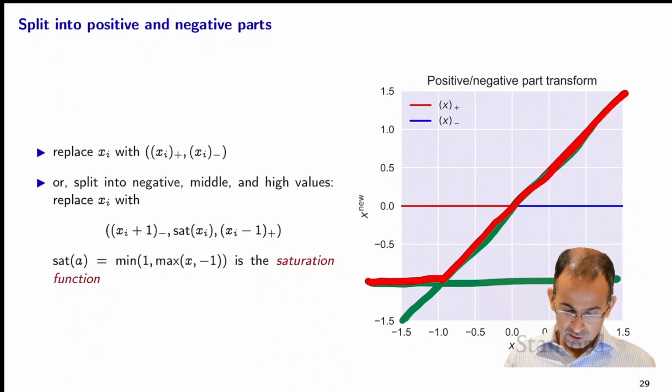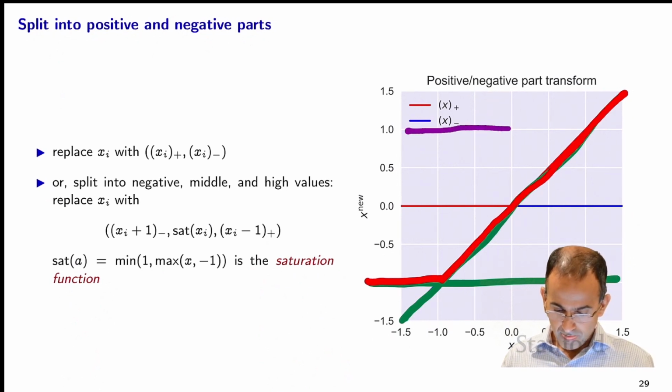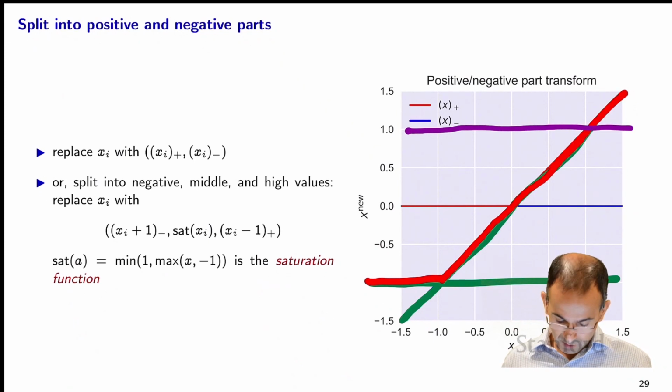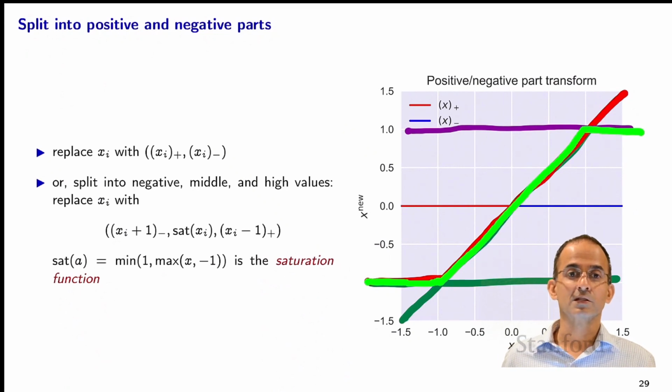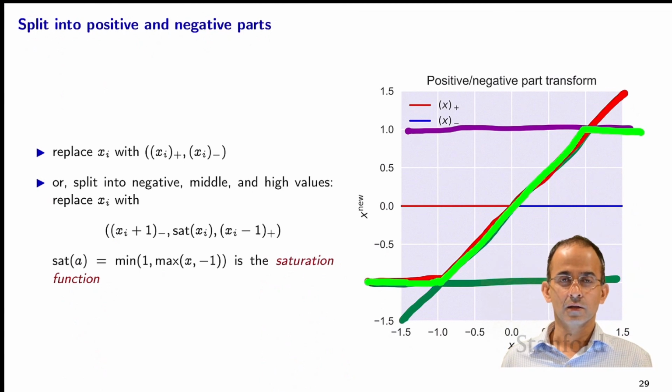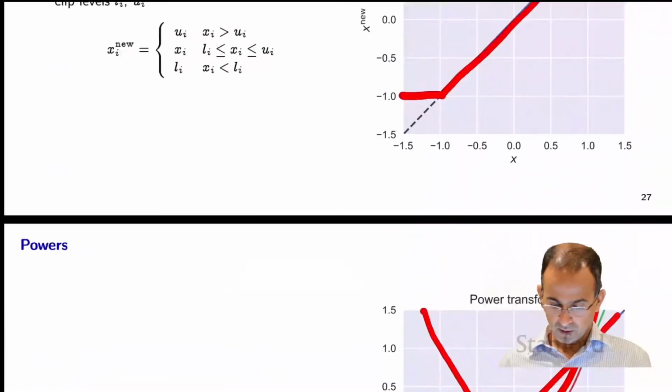And the 1 function is right here. And so the minimum of those two functions is, let me draw it right here, that's the sat function. It's the Windsorization. It's another way of expressing the Windsorization or the saturation function that we saw over here.